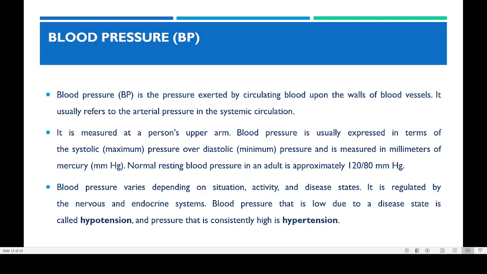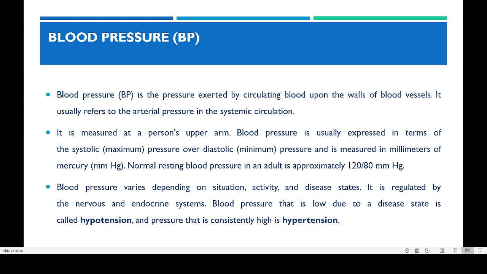Diastole is referring to the relaxation. Diastole simply means the relaxation of the heart. When diastole occurs, the heart is shrinking and the pressure will be low.